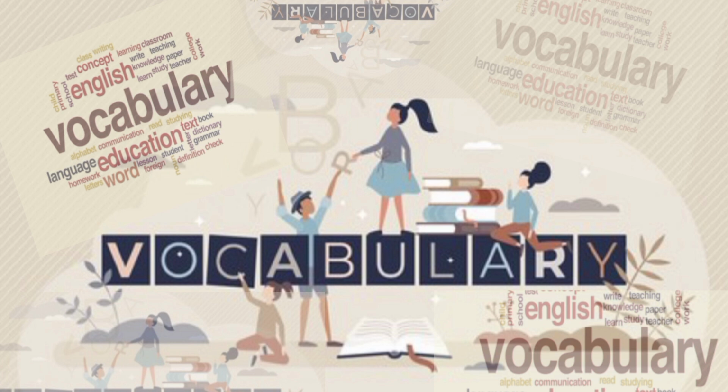Time for a quiz. Complete the sentences. Number 1. Many words in academic English come from A, Latin words, B, American words, or C, newspapers. It's A, Latin words. Now question 2.